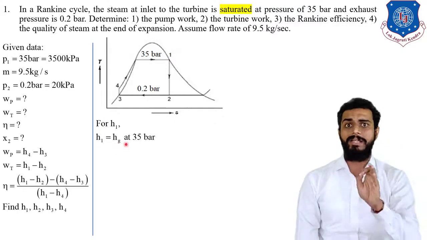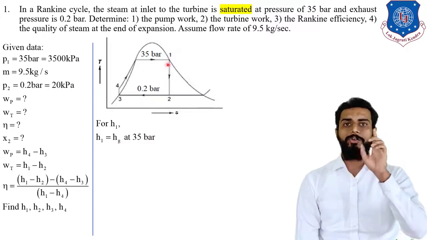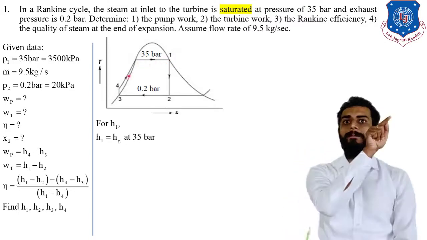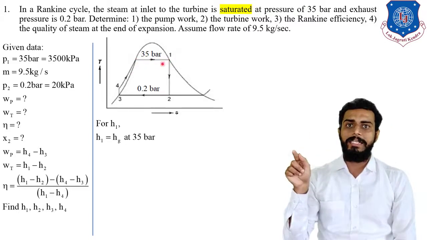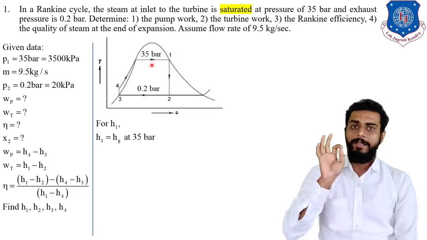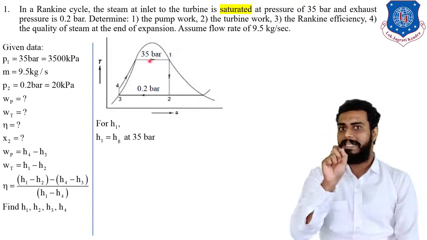Right? Now remember student, at point number 1, the pressure is how much? I have already told you that during the whole 4 to 1 process, that is during the heat addition in the boiler, your pressure will remain constant. So here the pressure is 35 bar. Keep that in your mind.